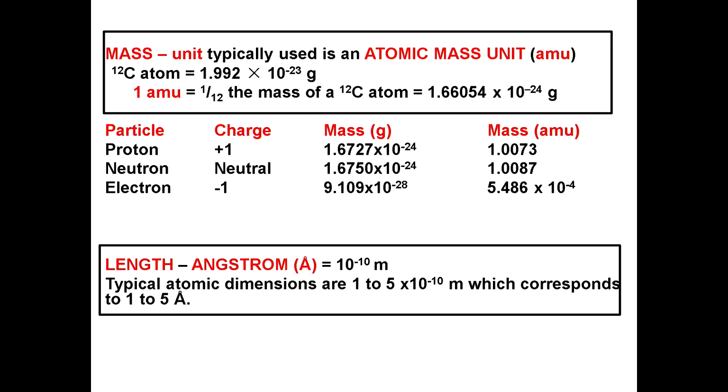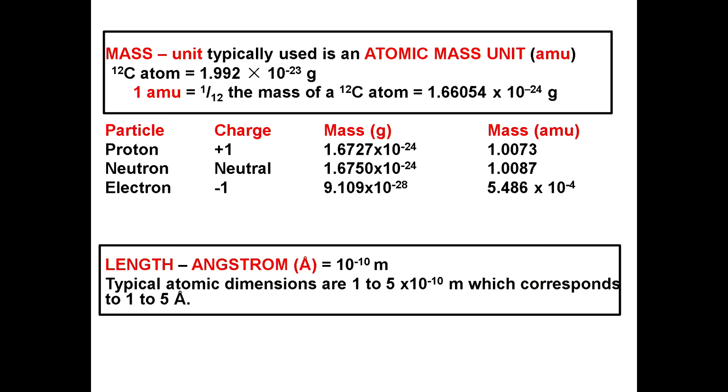What's the mass of an electron? The mass of an electron is this number of grams, about 10 to the power of minus 28. If we change it to AMU, it's this number.